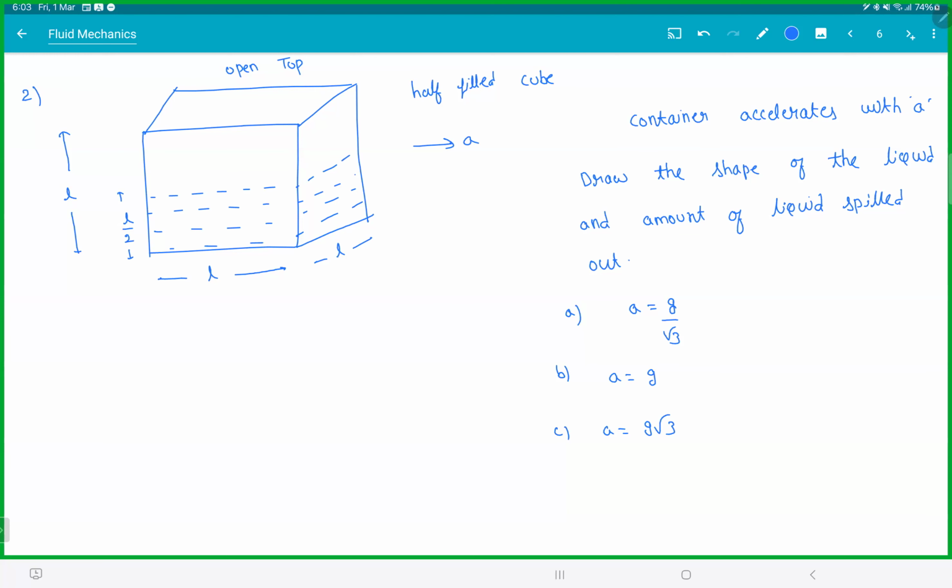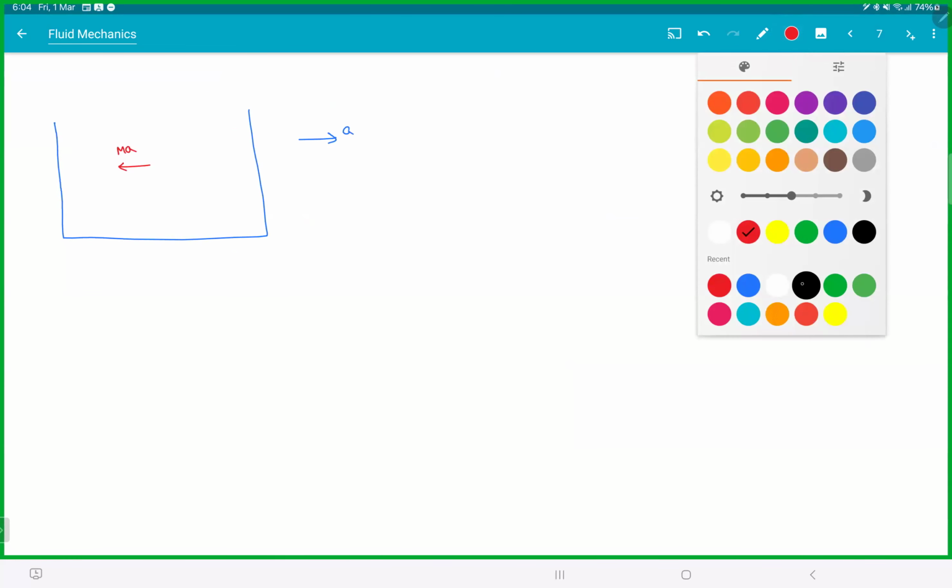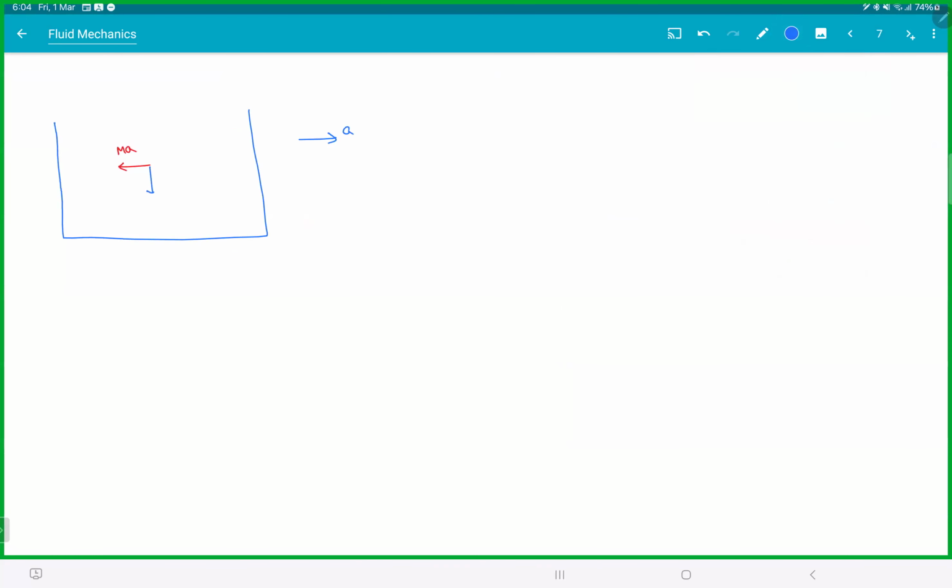See. So when the truck is accelerating with A, if you look at the forces, we have the pseudo force Ma, and we have the weight mg. So the resultant force will be something like this.